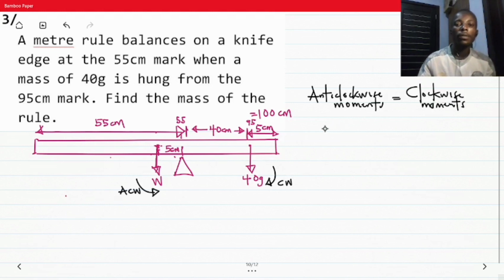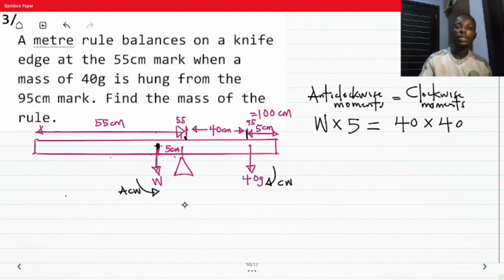So we have the anti-clockwise moment as W times 55 minus the 50 meter mark, that's 5, equals to the clockwise, 40 times 40, the distance from this point to the pivot here.